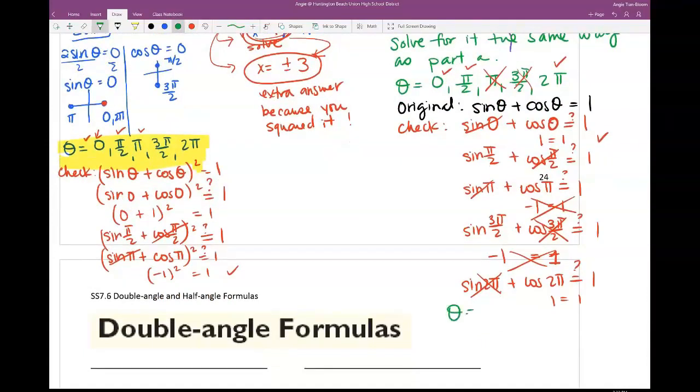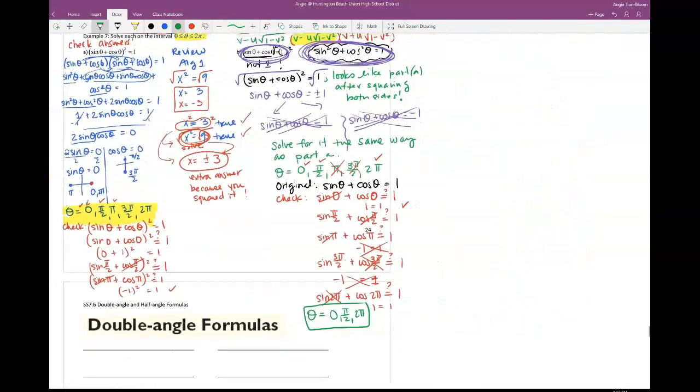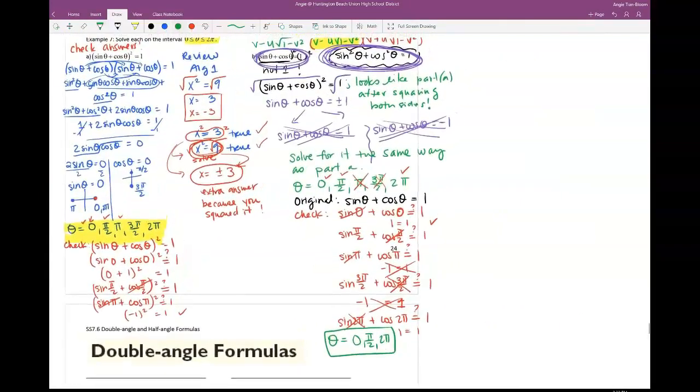What's going on with part B? There are only 3: 0, pi over 2, and 2 pi, and these are the only ones that you can keep. So let's see the difference, right? In part A, we didn't have to square both sides, so that's why there were no extra answers.